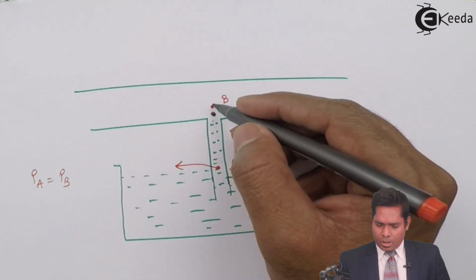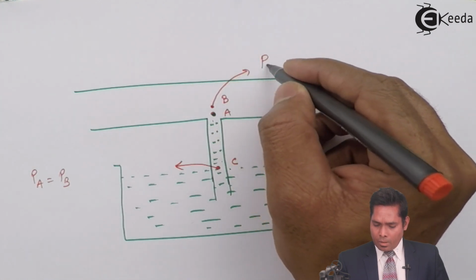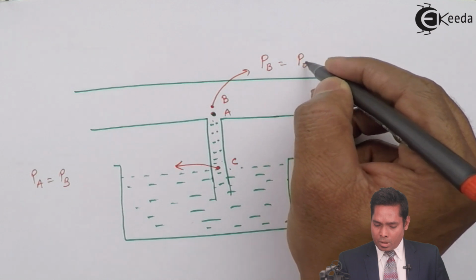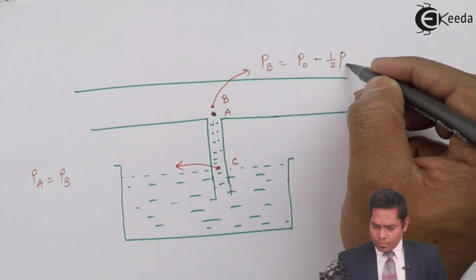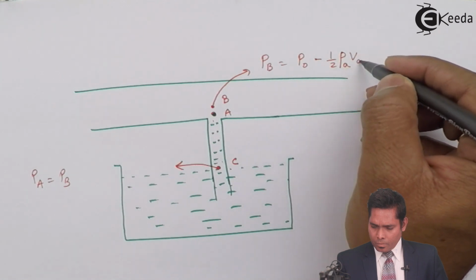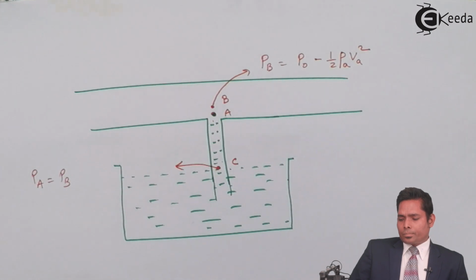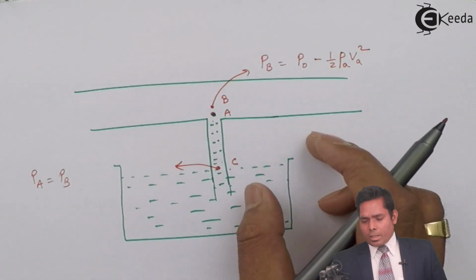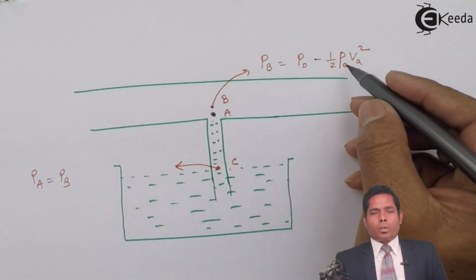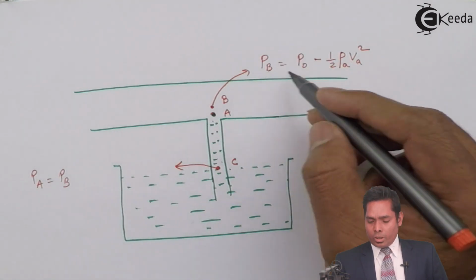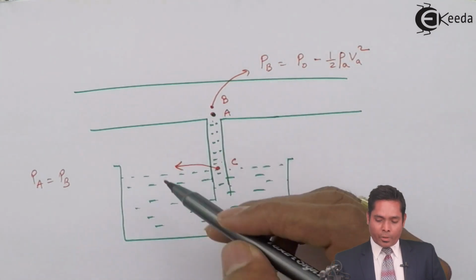The pressure at B is the atmospheric pressure. We are applying Bernoulli's equation to this point and this point.